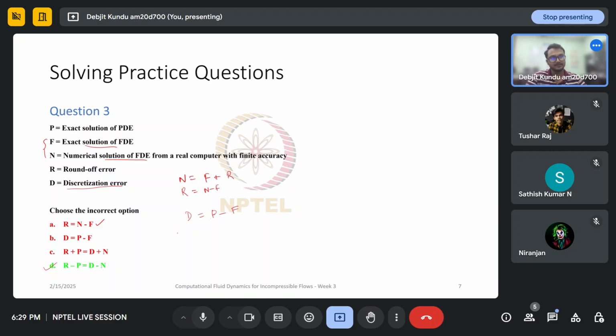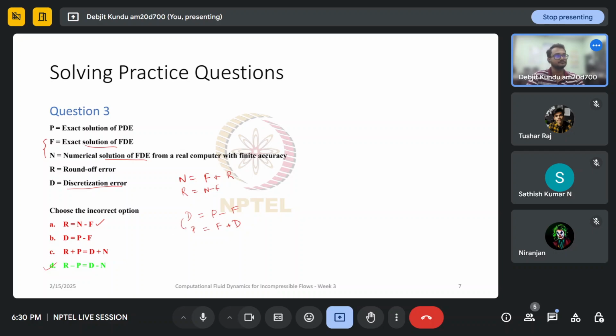This is like saying that if I had a computer with infinite accuracy, then whatever solution I got would still be different from the exact solution of PDE, and that difference will be this discretization error, right? So D is P minus F. Now we can play around with these two equations. Let's separate out P over here. So P would be F plus D, right?